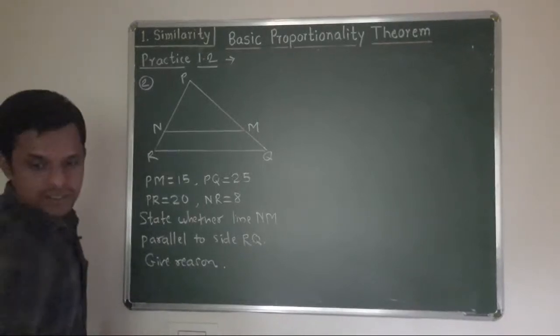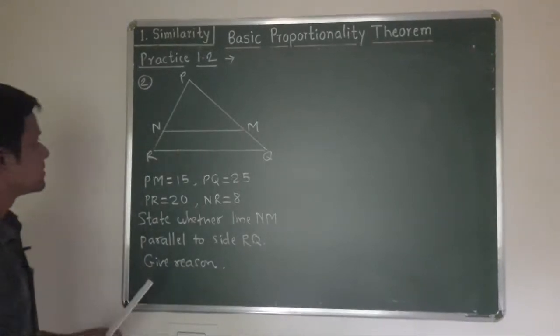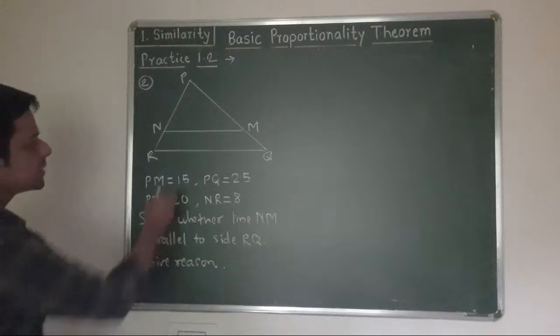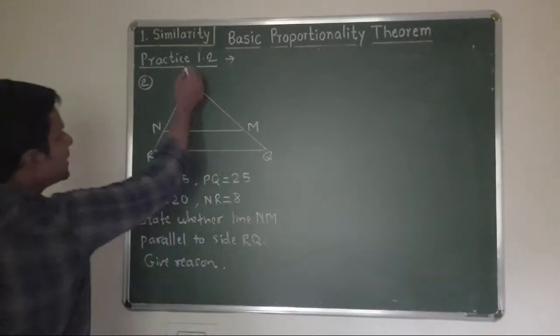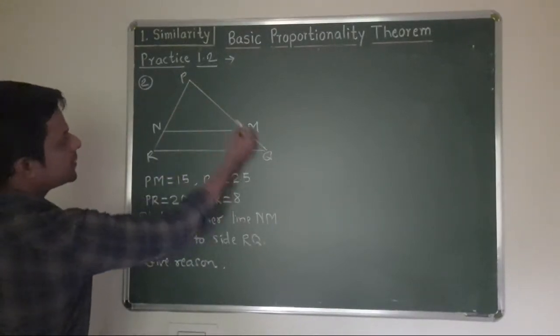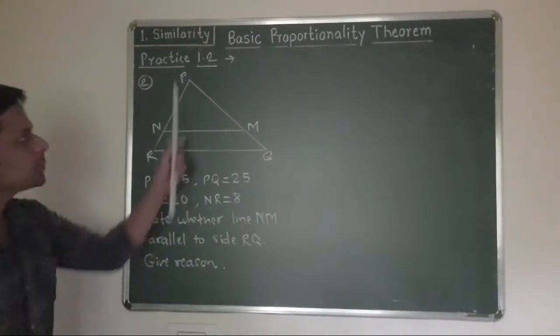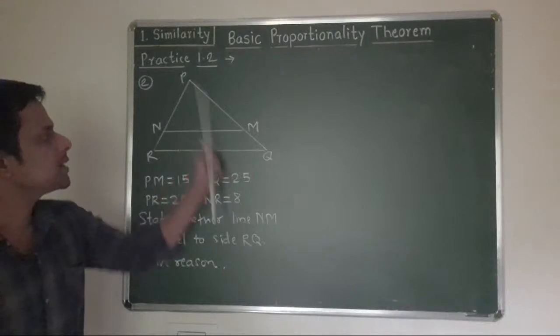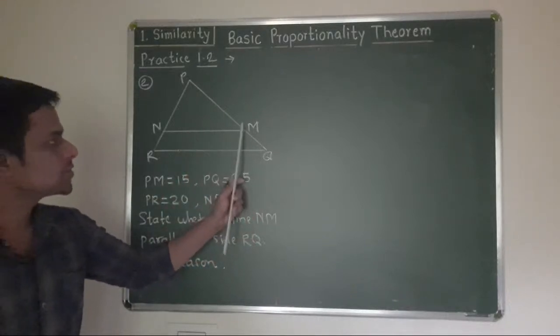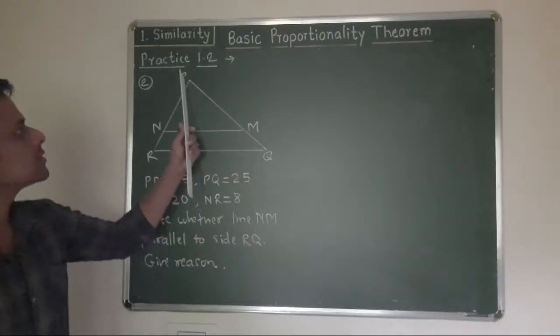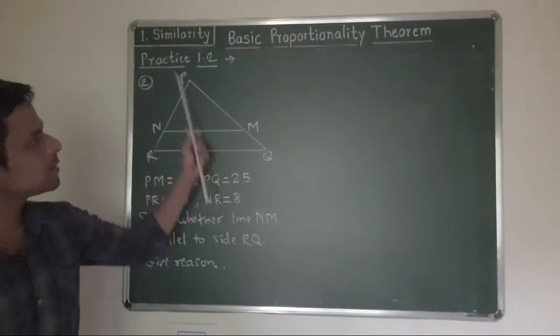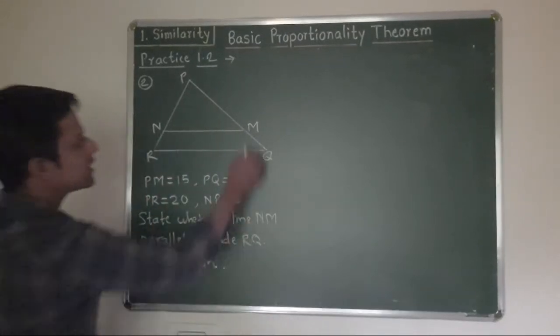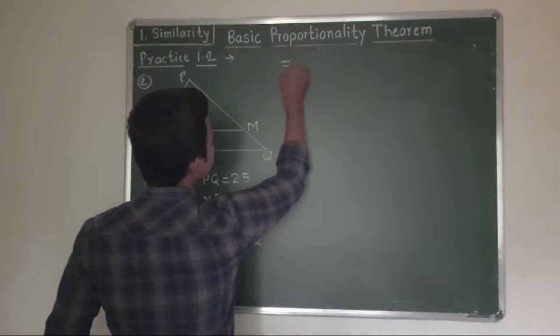Some values are given: PM is 15 and PQ is 25. MQ is not given directly. First we have to find MQ by subtraction.